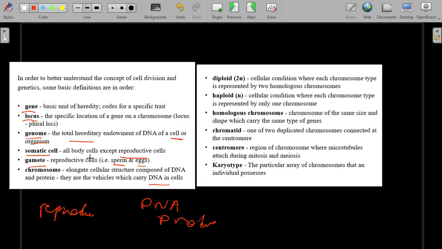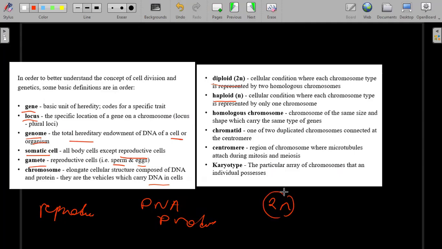You also need to understand what diploid is and what haploid is. Diploid is a cellular condition where each chromosome type is represented by two homologous chromosomes. For a diploid cell, you are mostly going to see this represented by 2N.